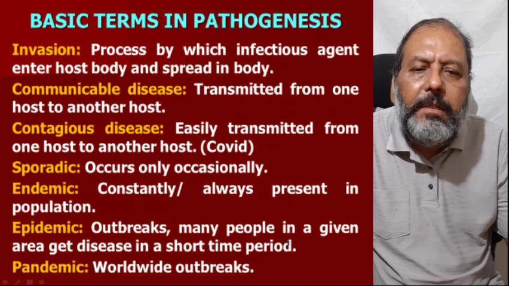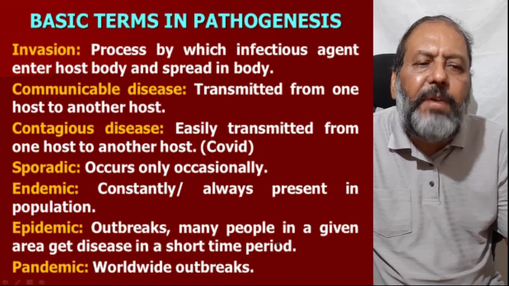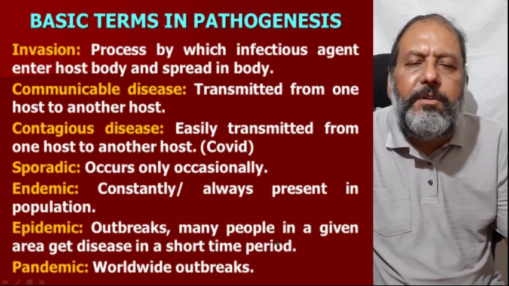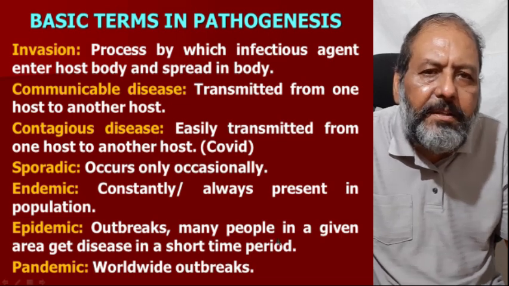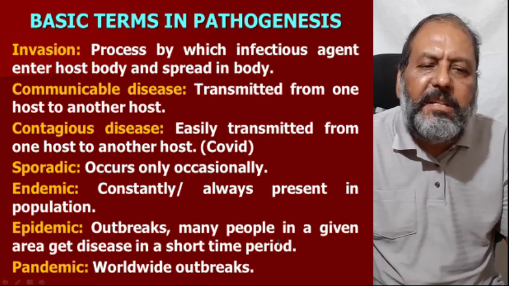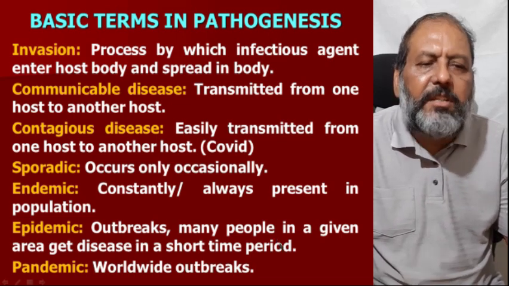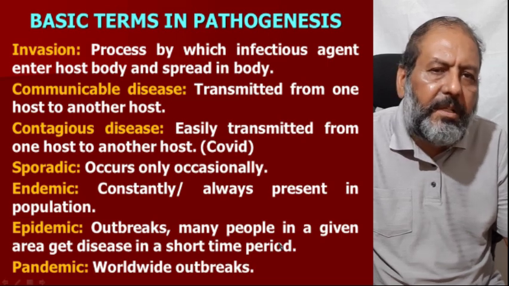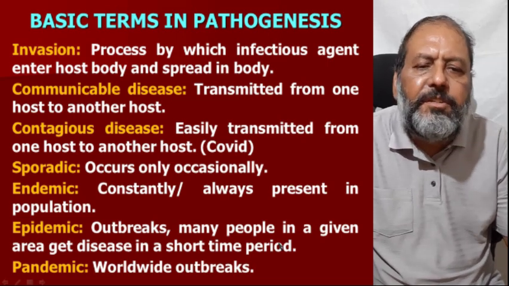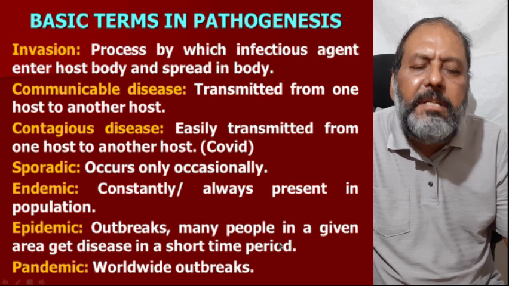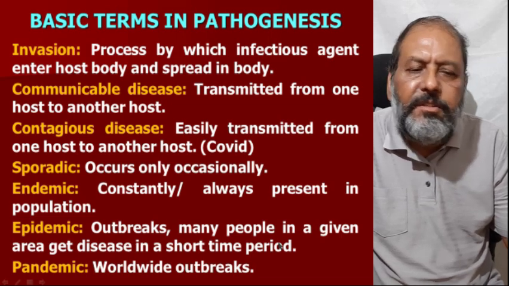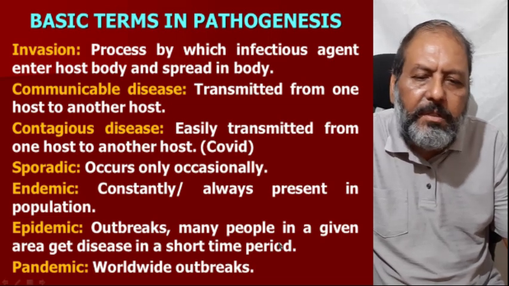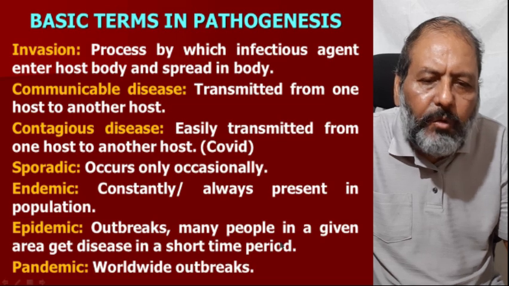Invasion is the process by which an infectious agent enters the host body and spreads in the body. A communicable disease is transmitted from one host to another host. A contagious disease is easily transmitted from one host to another, like COVID.